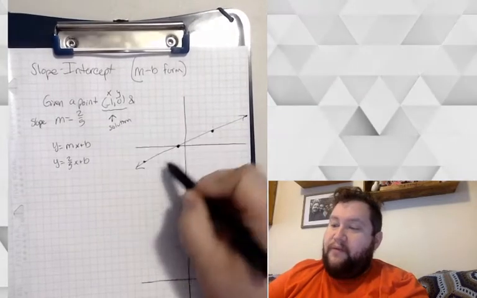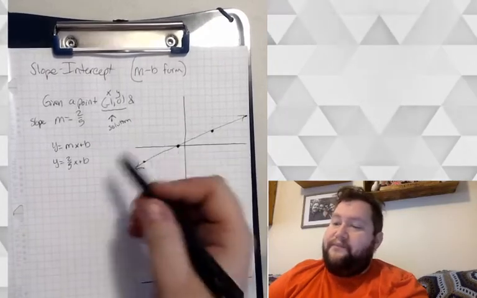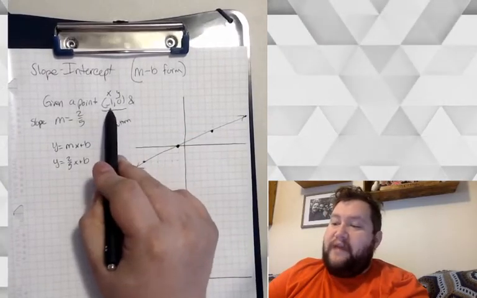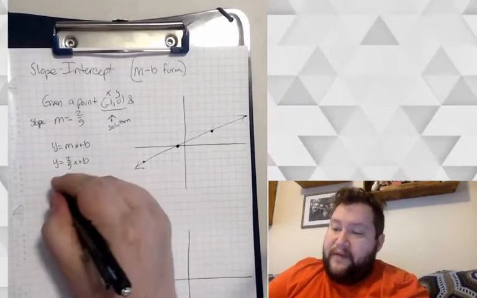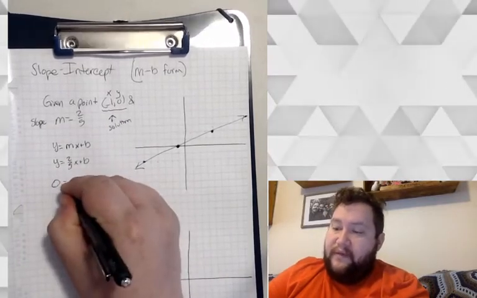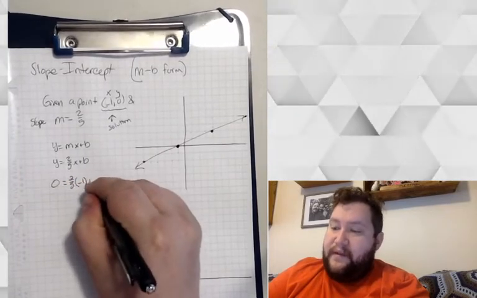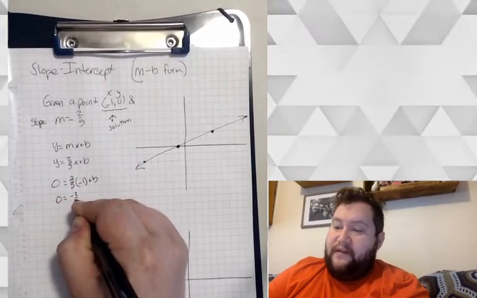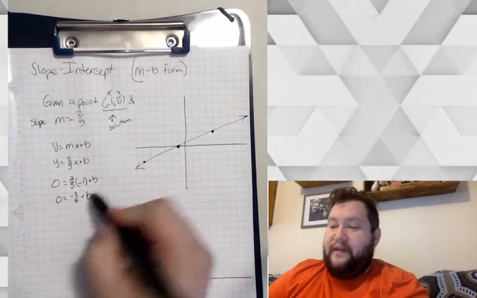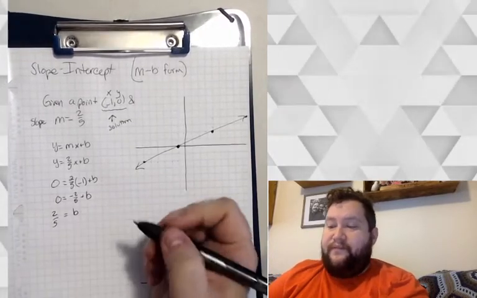Remember, all of our points on our equation or our graph are solutions to our equation. And so we can substitute -1 in for x and 0 for y and see what we get. So here we have 0 equals 2/5 times -1 plus b. 0 equals -2/5 plus b. And solving for b, b equals 2/5.